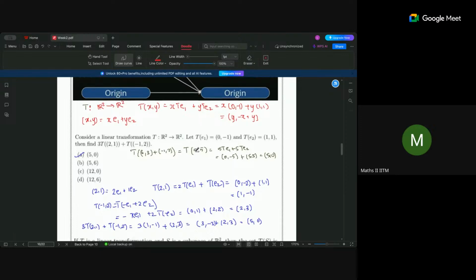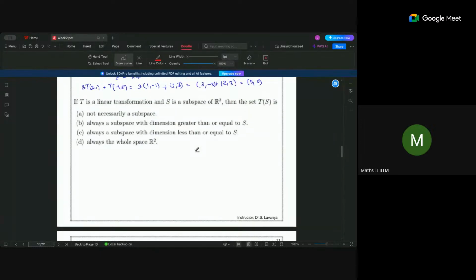Okay, fine. So the next question is, if T is a linear transformation and S is a subspace of R2, then the set T of S is. We already saw. So if S is a subspace of R2, then T of S, is it a subspace or is it the whole space or not necessarily a subspace?